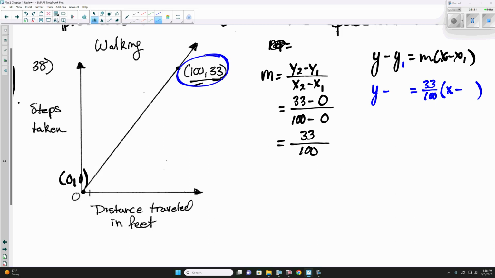I'm going to use 100 comma 33. So 33 would be our y, 100 would be our x. So we still have y minus 33 is equal to, we can distribute the 33 over 100. Well, 33 over 100 times x is 33 over 100x.